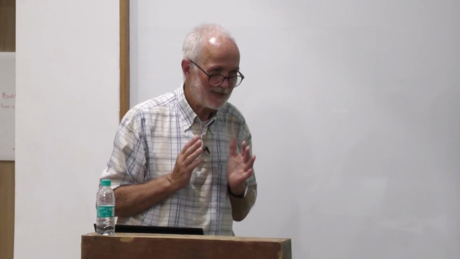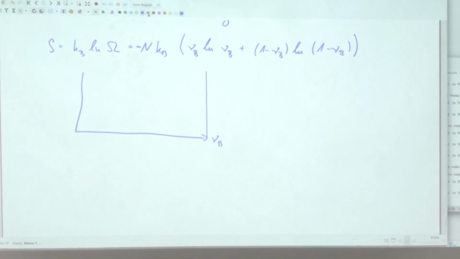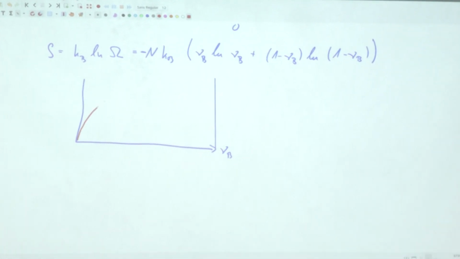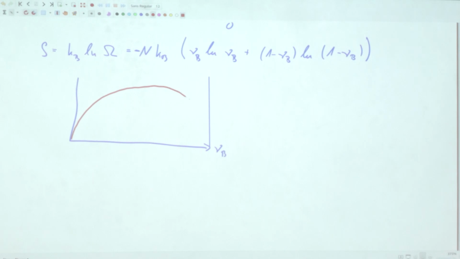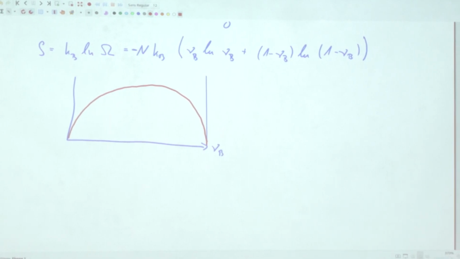It's sometimes a good exercise to take the derivative, how it depends on nu b. So it looks like this here. And the question is, what is the slope on the sides?